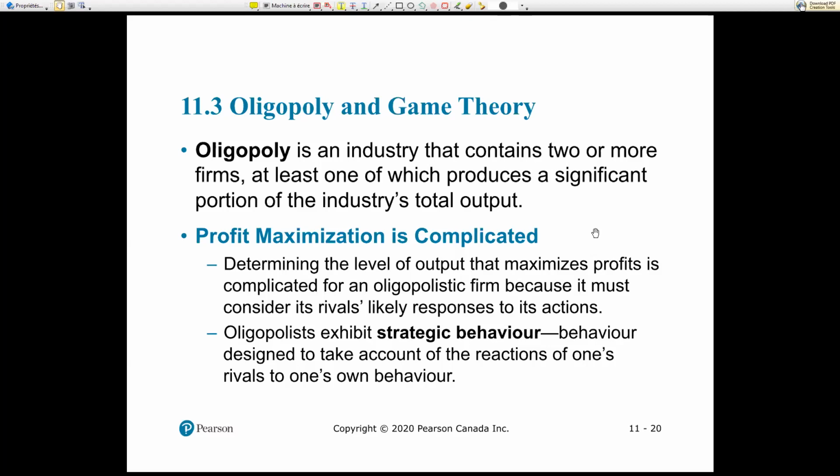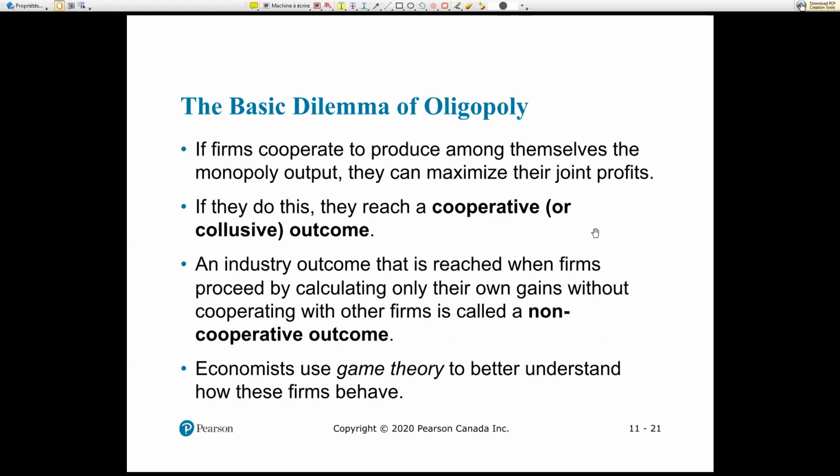All right, so let's see what it looks like in the oligopoly case. So the firms, if they're in a cartel, would just join together and produce the monopoly output. So that's what we call a cooperative output or collusive outcome.